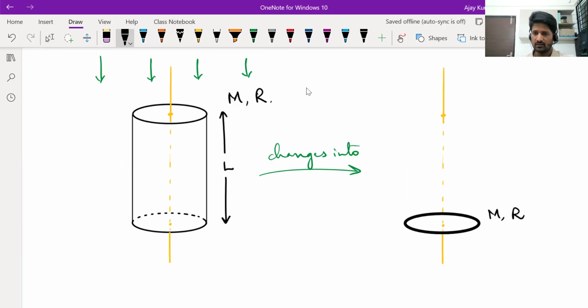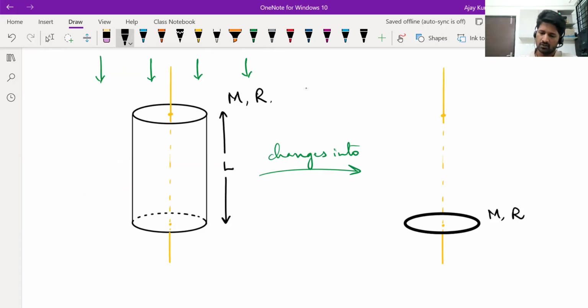Now the moment of inertia of this cylinder should be the same as the moment of inertia of this ring now, because we only slid mass parallel to an axis. We didn't bring it closer to the axis, nor did we take it away from the axis. So it becomes a ring whose mass is m, radius is r, and the axis of the ring is the same as the axis of the cylinder.